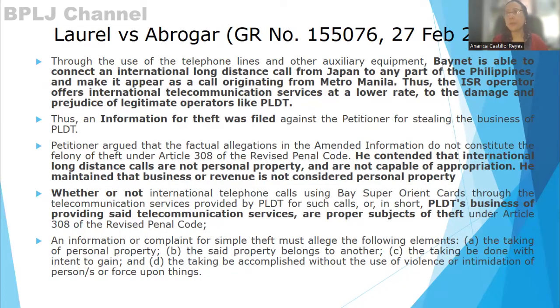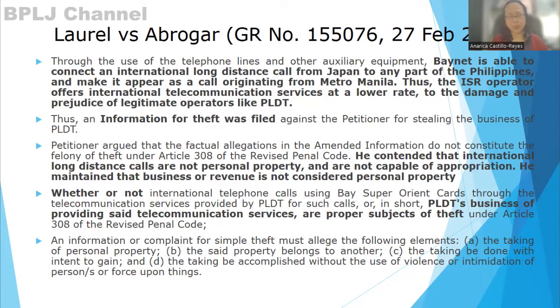They are not capable of appropriation. He maintained that the business is not considered as personal property. In other words, the business of providing telecommunication services is not considered as a personal property.